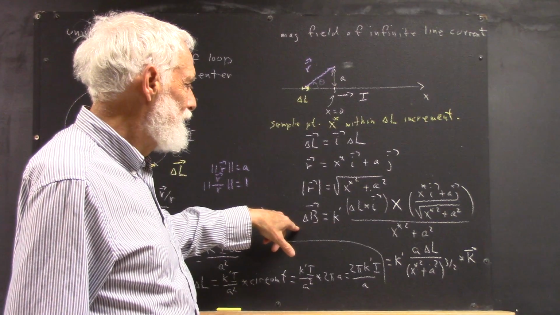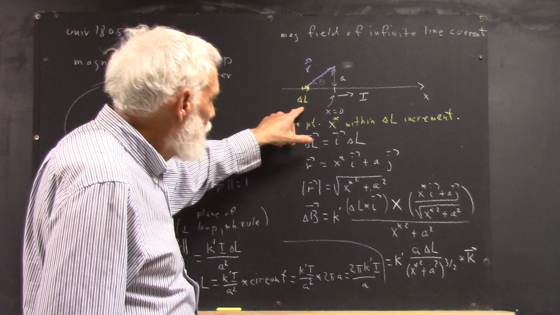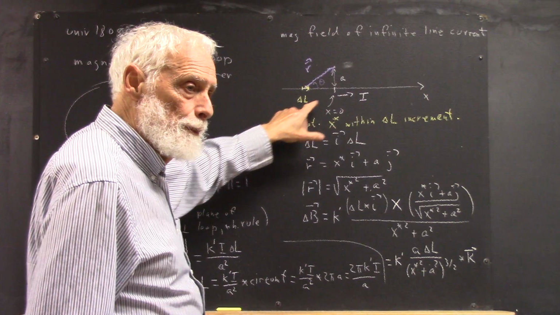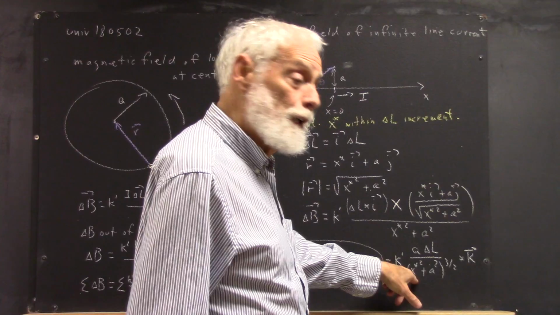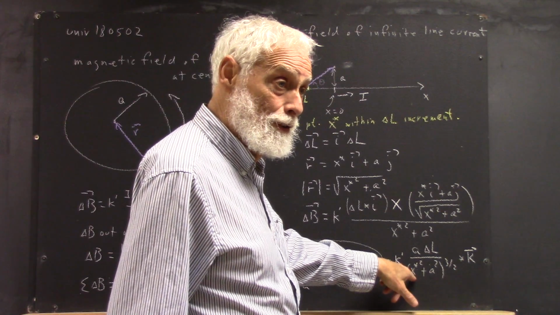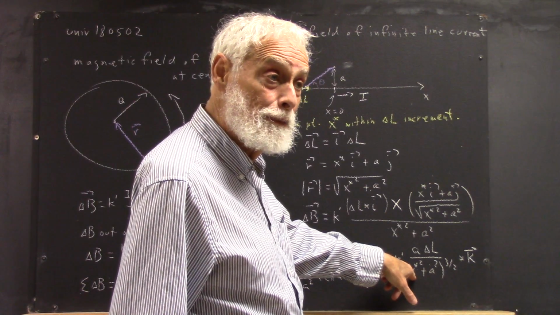But now, of course, that differs from one increment of length to another, and we're going to have to integrate that. So our variable of integration is going to be x.